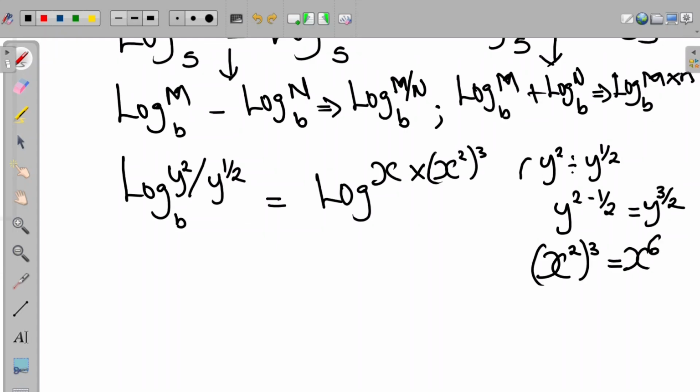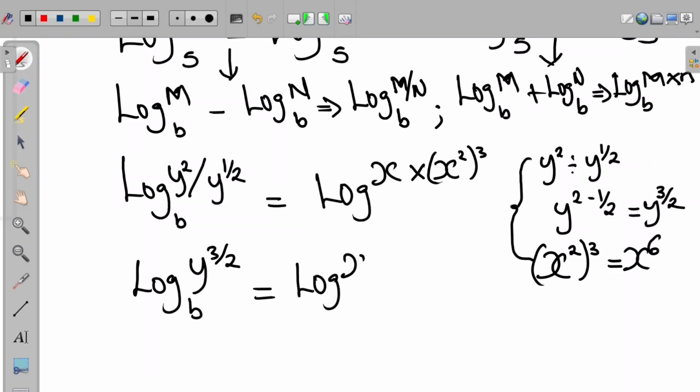So from the simplification we have done here, we can now have that the equation at the left-hand side becomes log y raised to the power of 3 divided by 2, in base 5, equal to log x multiplied by x raised to the power of 6.